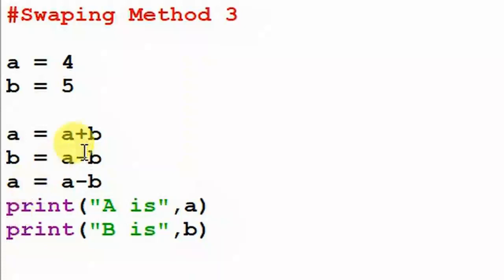How does this program work? First, a plus b. In this place a is 4 and b is 5, so the value is 9. So a is finally stored as 11... finally stored the 11 value in the a variable.